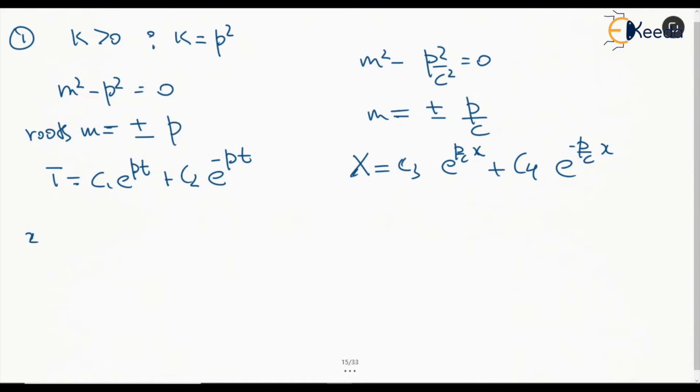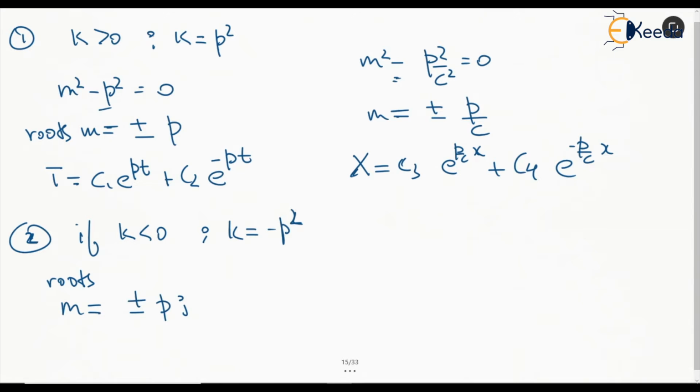Case 2 is if k is less than 0, let's say k is equal to minus p square. In that case, if I directly put this, here you had minus p square, instead of that we are going to get plus p square. Instead of minus p square by c square, we will get plus p square by c square. So the roots are going to be m is equal to plus and minus p j, and for the other equation the roots are going to be plus and minus p by c j.